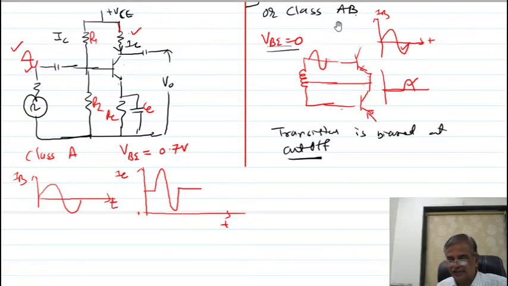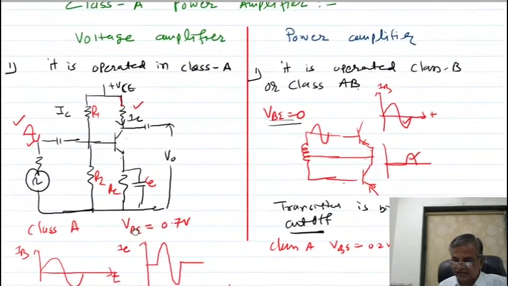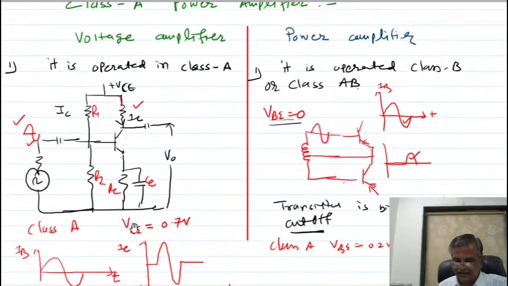It is called class AB. For class AB, generally VB is kept slightly above 0, 0.2 volt or 0.15. So I think you understand what is class A, class B, class AB.